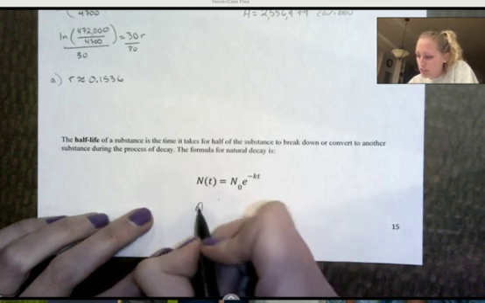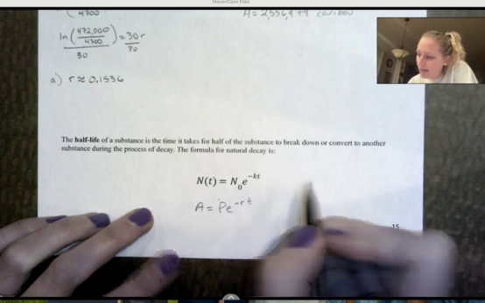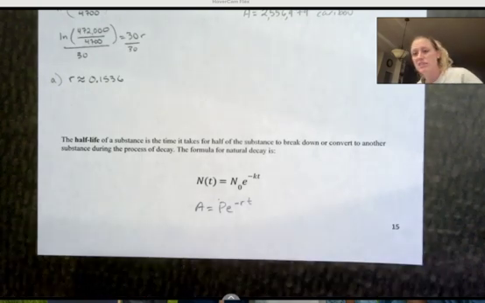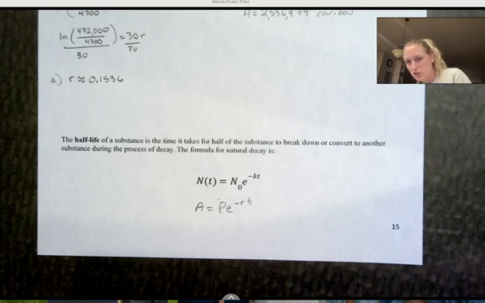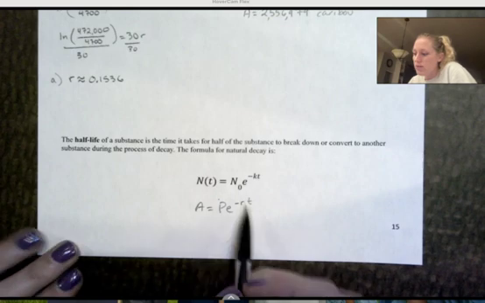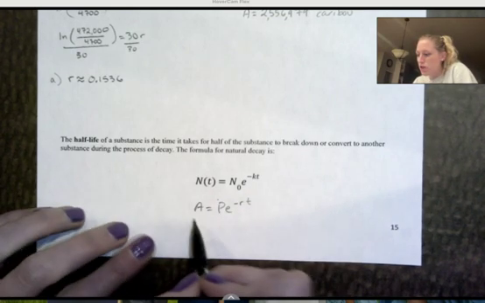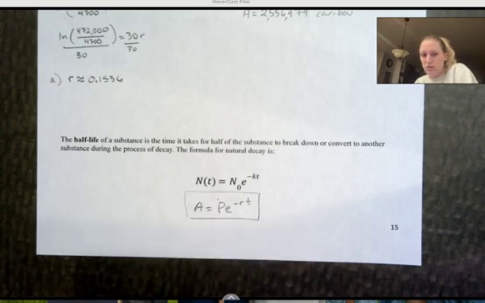So I'm just going to write it as our PERT formula, but reminding you that this has to be negative if it's decaying. So we have a substance and it's decreasing exponentially, which is why there's only half of it remaining. So this is the same equation, you guys, different variables, and I think that can be confusing. So I want you to focus on using this guy.